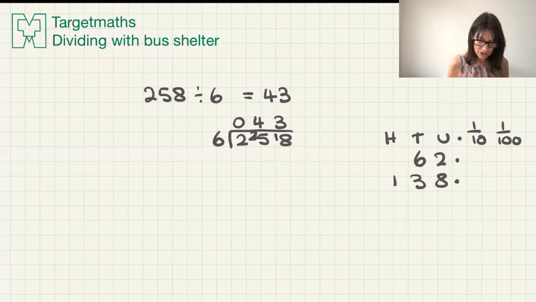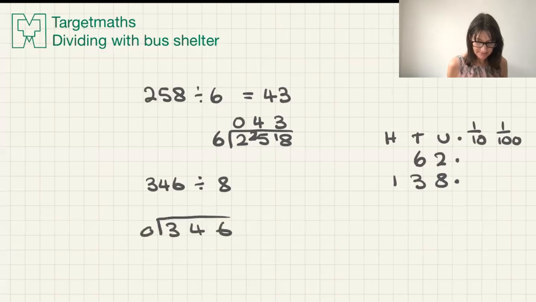We'll do 346 divided by 8. So 3, 4, 6 divided by 8. I'm going to just start this. We know, because I've just told you, it's not going to go perfectly, but we wouldn't know that normally.